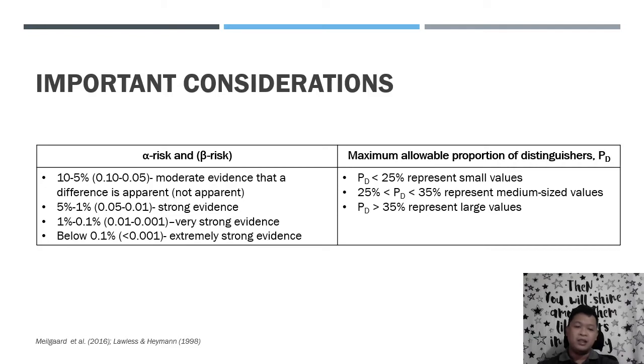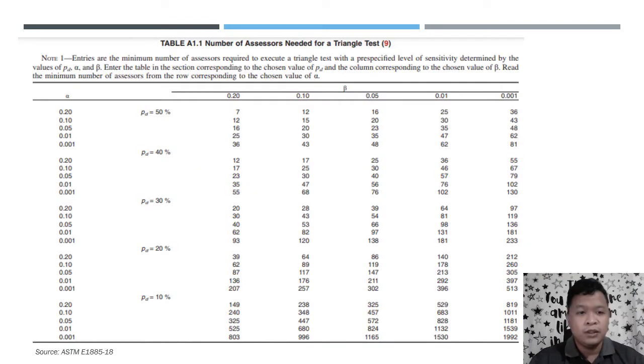So typically when we combine the alpha and beta and PD, doon natin malalaman yung minimum number of assessors needed. So here is an example of the minimum number of assessors required for a triangle test based on the chosen alpha and beta risk combination, as well as the expected PD of your panelists.